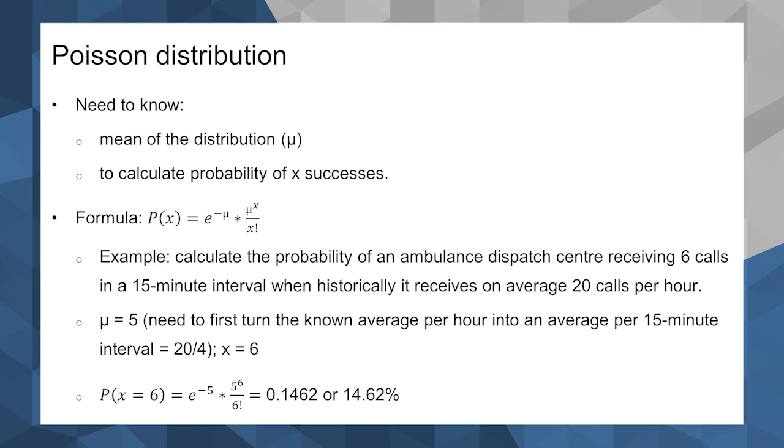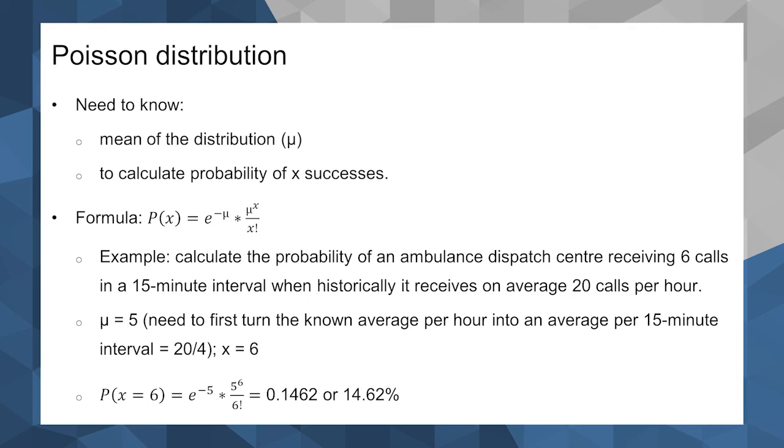Why? Because getting 6 calls in a 15-minute interval is not the same as getting 6 calls on each of 4 consecutive 15-minute intervals. If you make it 24 calls in an hour and you assess the probability of that, you're making that assumption, but also you're saying you may get 20 calls in a 15-minute interval and then 0, 0, 0, and 4.